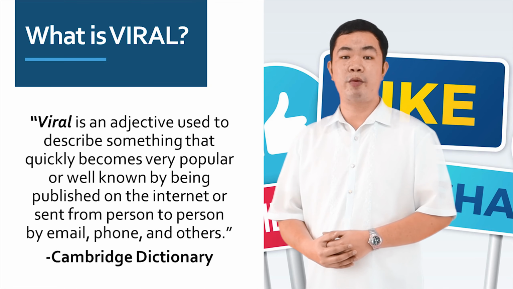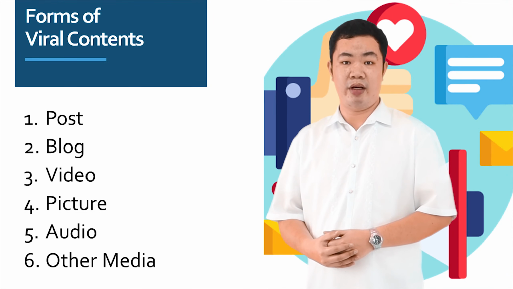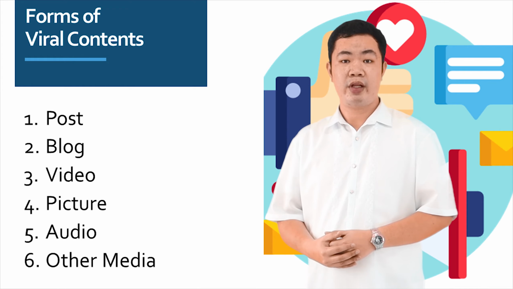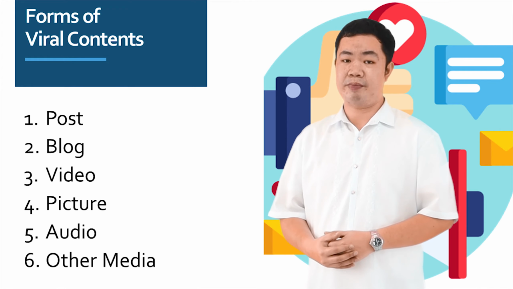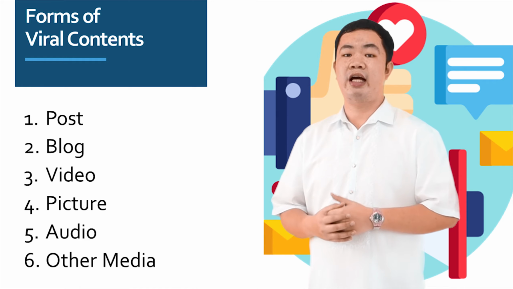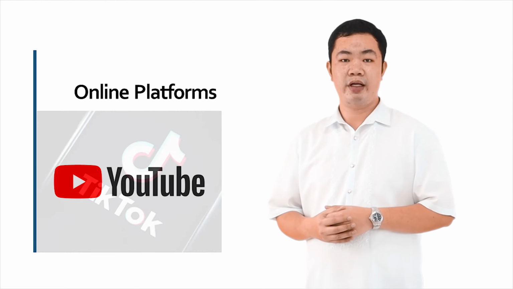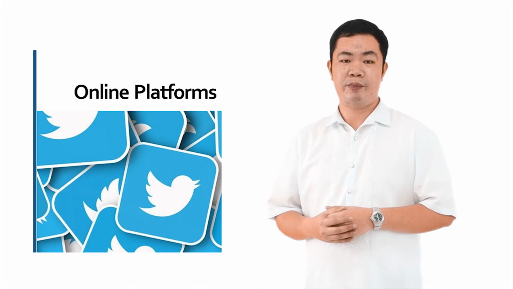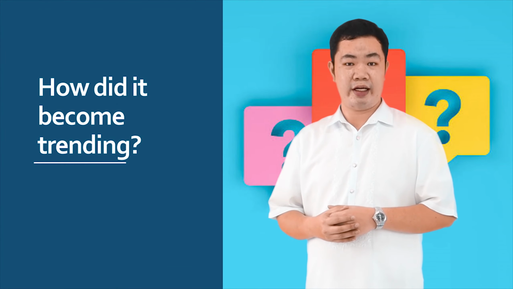It may be in the form of a post, a blog, a video, a picture, an audio, and other forms of media. Have you ever wondered how contents in YouTube, TikTok, Instagram, Twitter, or Facebook become trending?